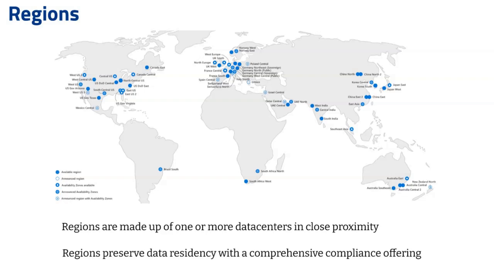Some services or virtual machine features are only available in certain regions, such as specific VM sizes or storage types. There are also some additional Azure services that don't require you to select a particular region, such as Microsoft Entra ID, Azure Traffic Manager, and Azure DNS.